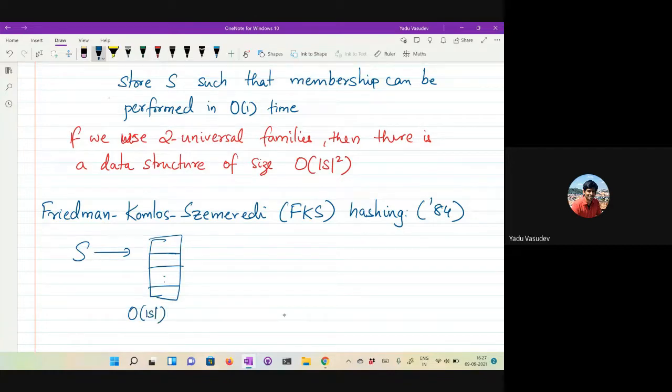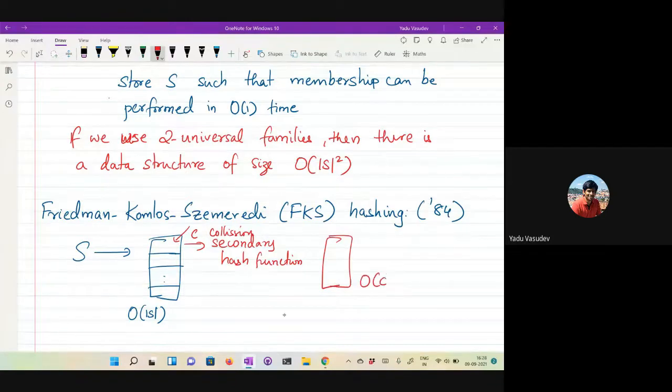Then you look at the elements that are colliding, and you use a secondary hash function here. If there are C collisions, you use a secondary hash function of size order C squared, so that at this point there will be no collisions.